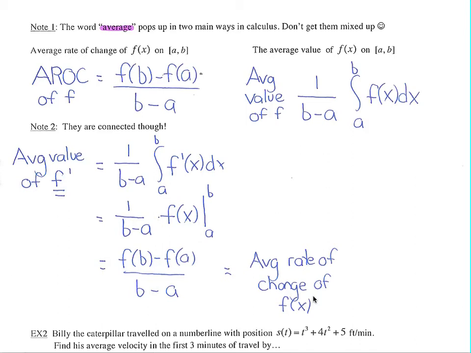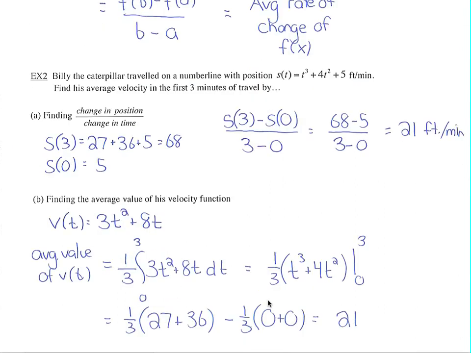Down here at the bottom. So Billy the caterpillar traveled on a number line. His position function was given by this. What is his average velocity in the first 3 minutes of travel? So there are two ways to find this.